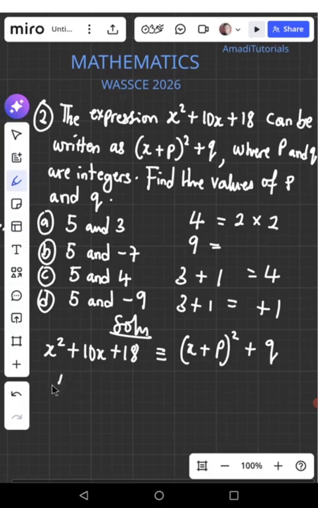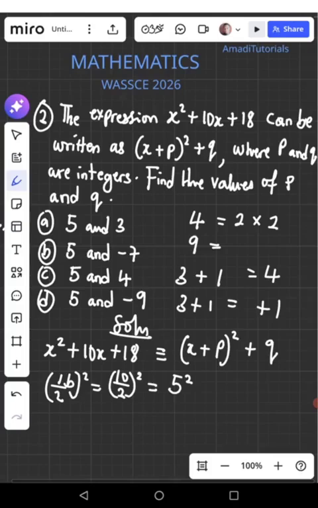So the half square of the coefficient of x is (10 over 2) all raised to the power of 2. That will give us 10 divided by 2, 5. So we have 5 squared. 5 squared is a number that when you add it to both sides of the quadratic equation, is going to give you a perfect square.